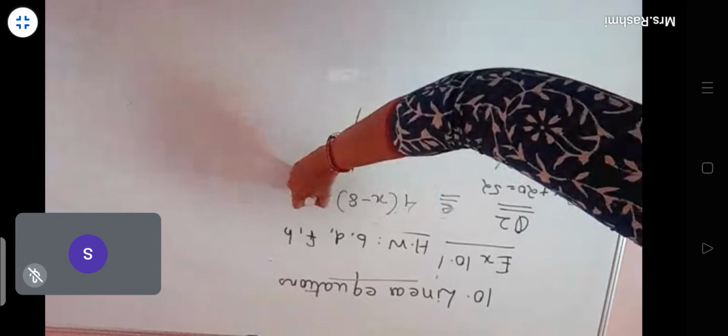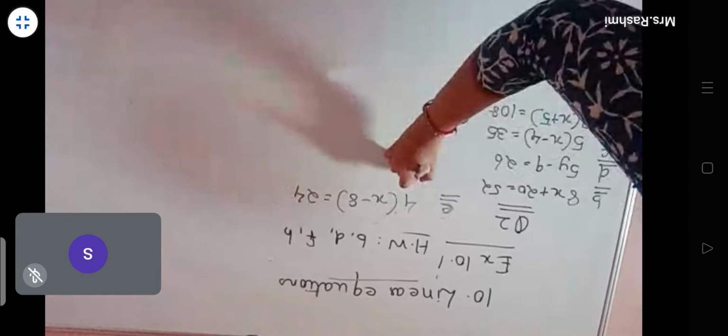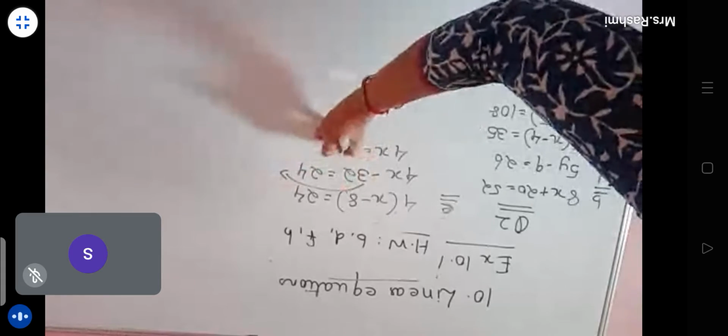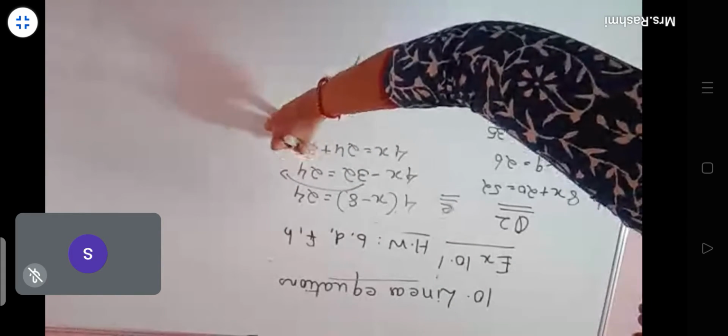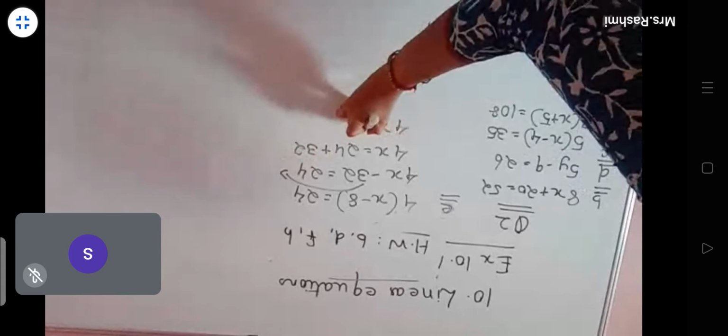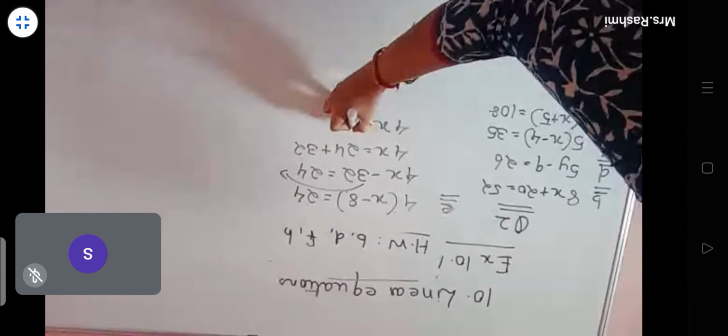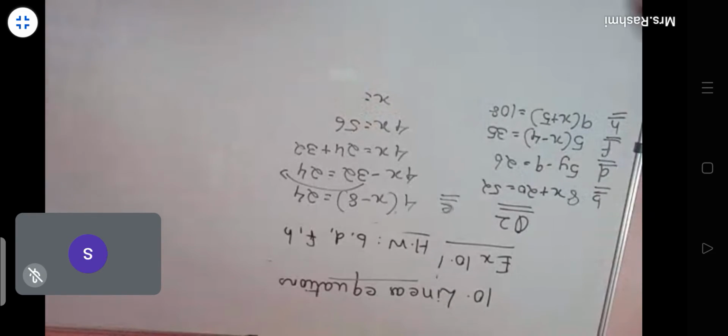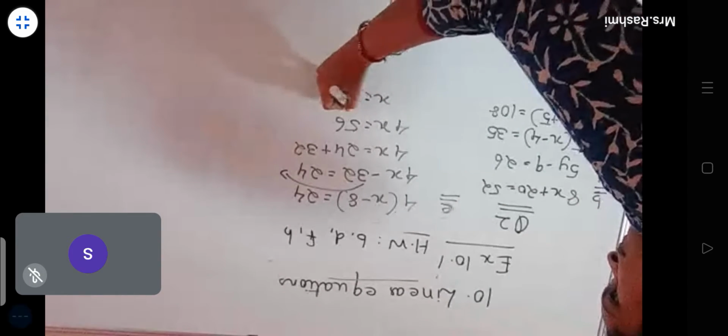It is 14, and even if we check, we get the answer same. Answer is 8? Ma'am, I did rechecking and I got the answer correct as 14. LHS is equal to RHS, 14. What is the answer? 14 only.